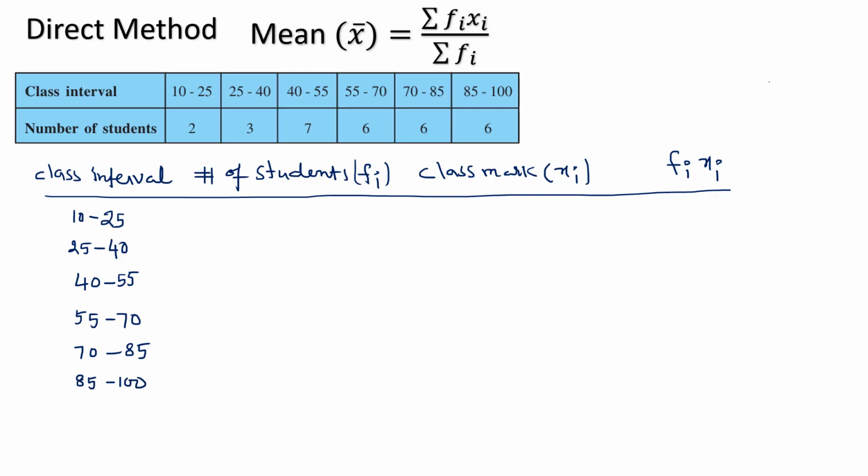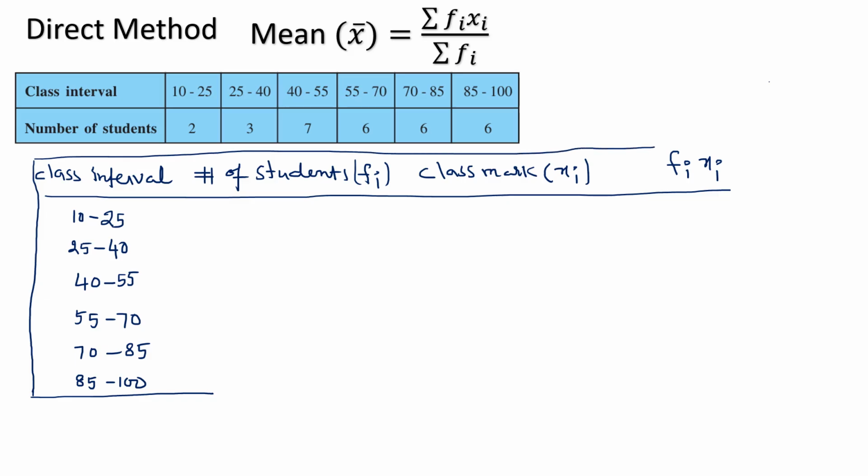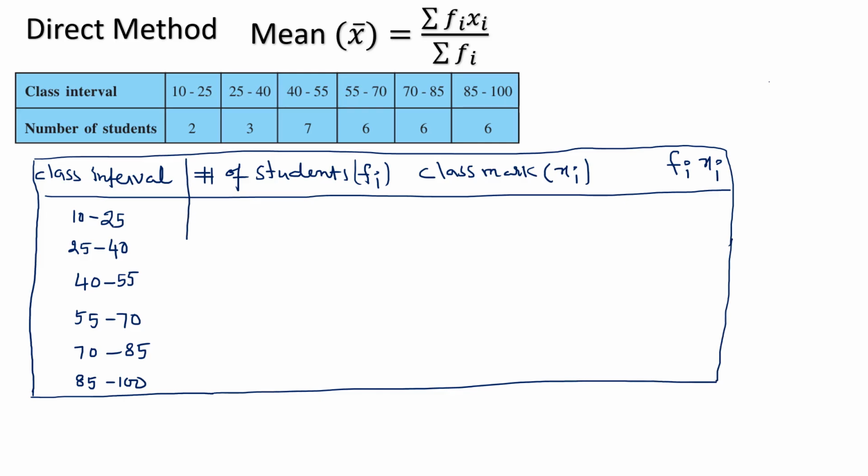Now let us close the table so that we can avoid confusion, so that while writing the data points we don't get confused about which class interval belongs to which data point. So it is good to complete the table.